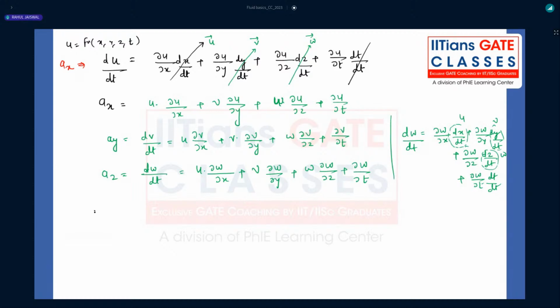Right. So if I write, see, this part of the component of acceleration will be called convective acceleration or advective acceleration.